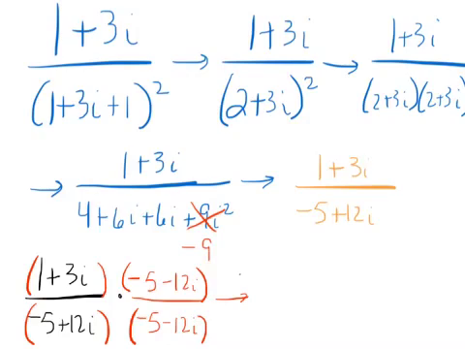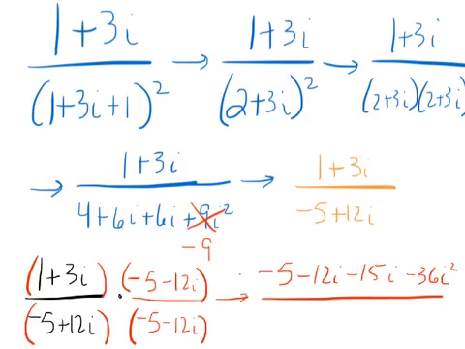Multiply by the complex conjugate in the numerator and denominator. Numerator will become negative 5 minus 12i minus 15i minus 36i squared all over 25 plus 144. I'm going to use the shortcut there because I know it's a squared plus b squared in the denominator.